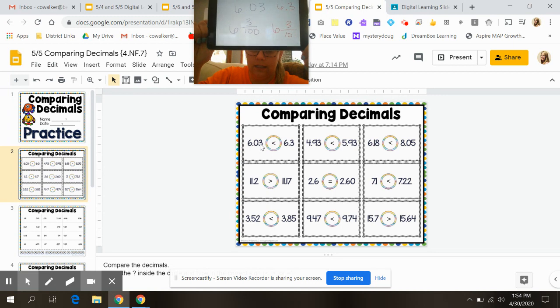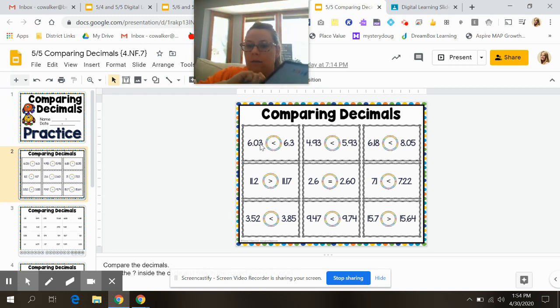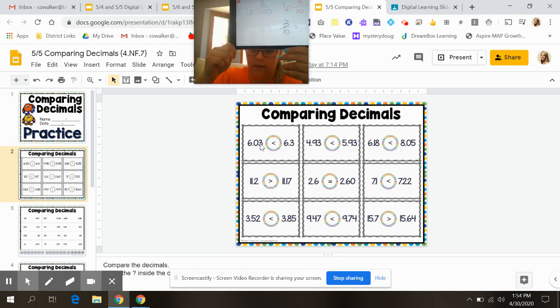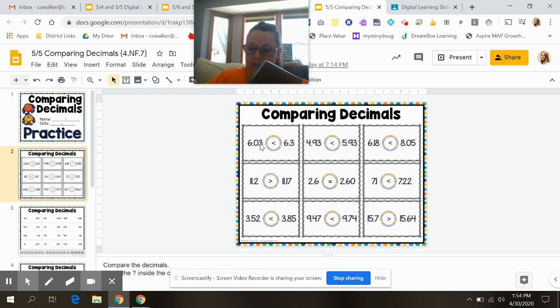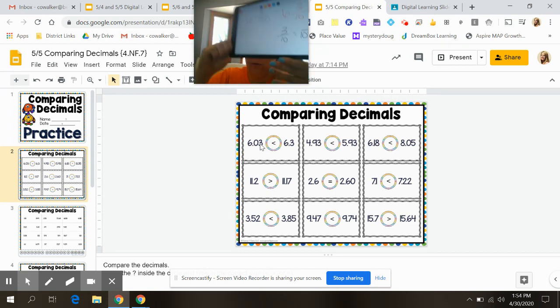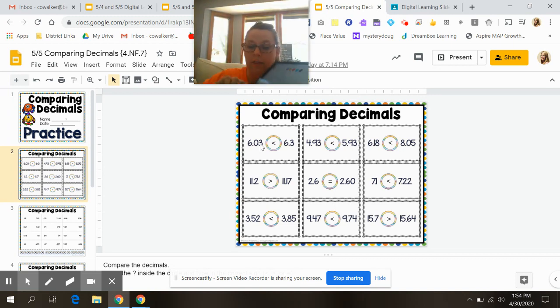Now, if I did this, which one would you say is larger? Probably the 6 3/10. But even still, I could go down here and say, well, I know that 3/10 is equivalent to what hundredths? If I had 3/10 and I wanted to make that an equivalent fraction with hundredths as my denominator, what would that 3 become? A 30.